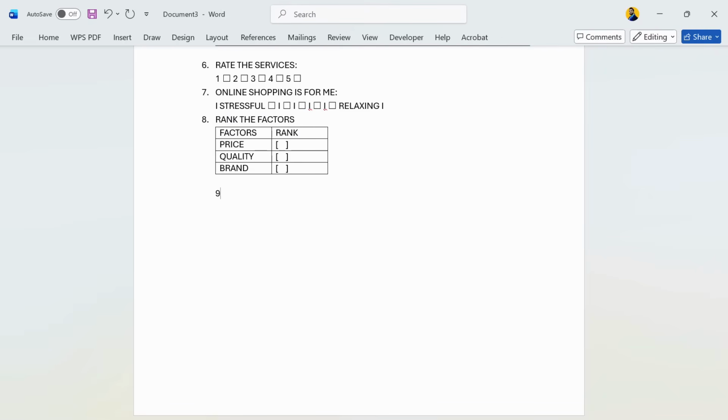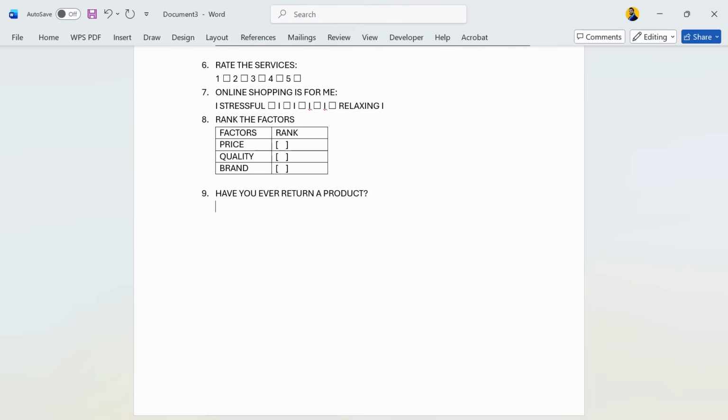Now we can go with the ninth question. Rank the factors is now completed. Similarly, we can ask, have you ever returned a product, right?